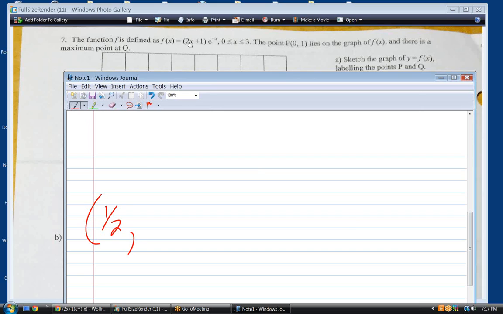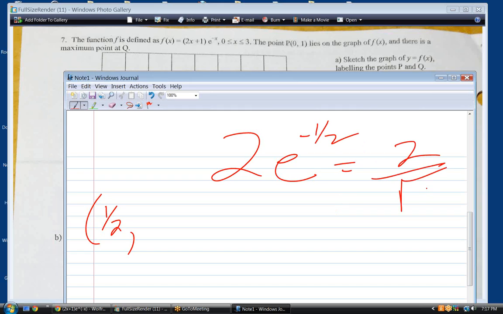When I make that 1/2, that becomes 2e to the minus 1/2, or 2 over the square root of e. I don't know what form they want you to put it in. Actually, I prefer that form myself, although that has a negative exponent. Sometimes they don't like you to put negative exponents if you don't have to.